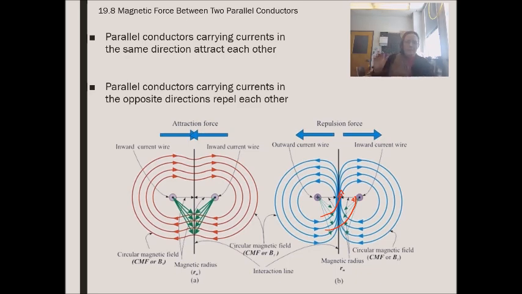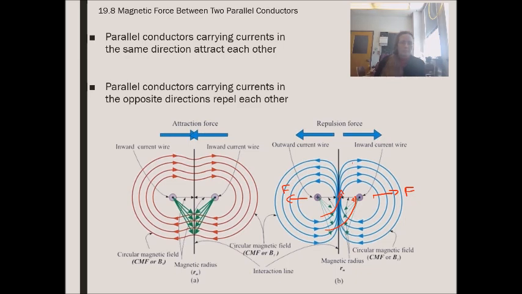And then if I have the current going the other way, the magnetic field going up, the force is going to be to the right as well. So the force on this wire is this way. We'd end up with the force on this wire being away as well, because these magnetic fields aren't jiving. They're going in the same direction in that area, and so they're kind of trying to separate from each other.